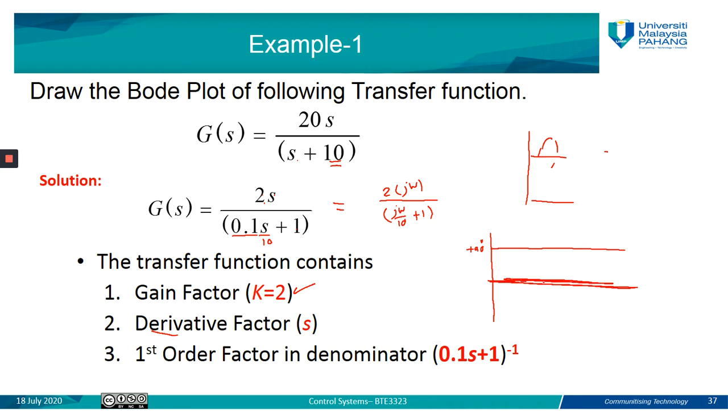Omega 1 itself is equal to 10, so omega 1 over 10 will be 1.